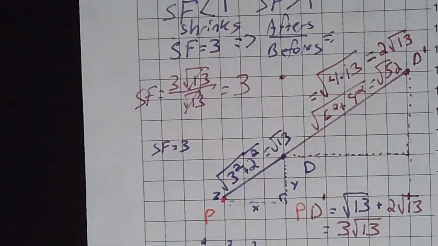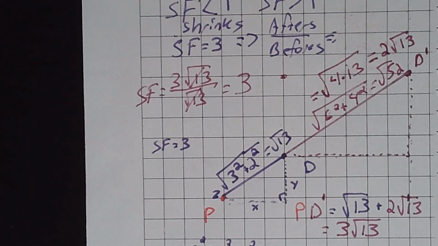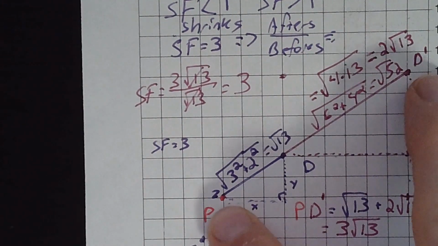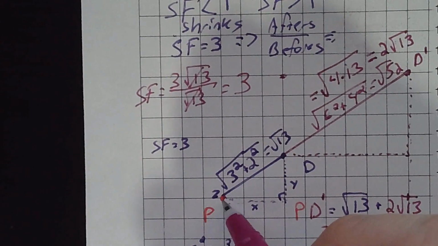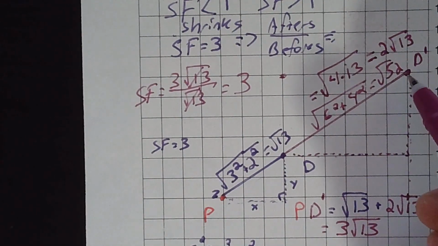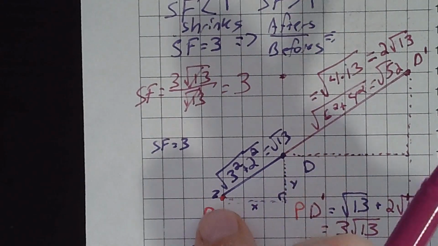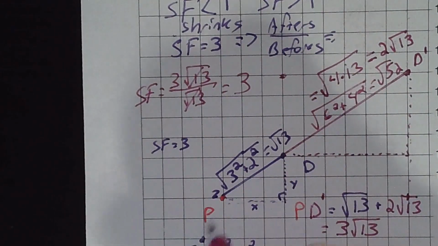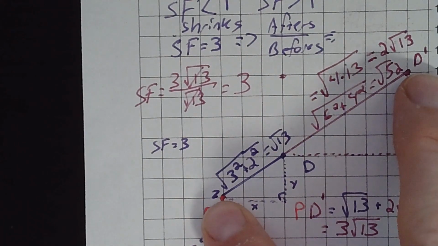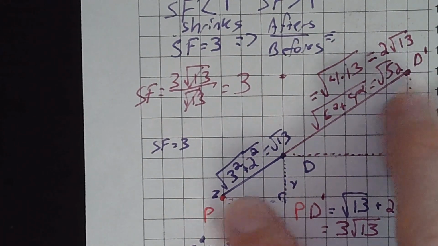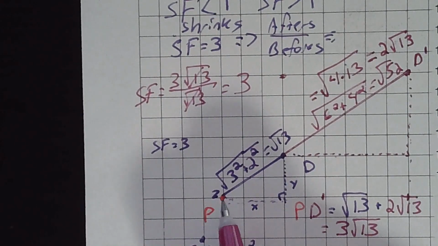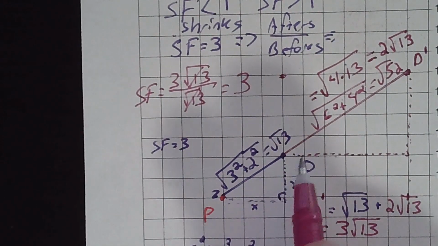That is something you're going to see all the time. Your scale factor is going to be the distance from your point of dilation to your final point after the dilation, divided by the distance from your point of dilation to your initial point.